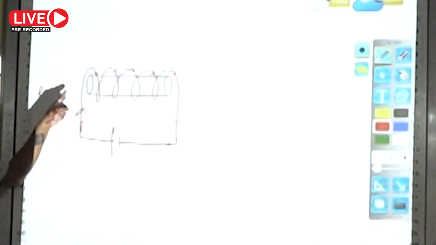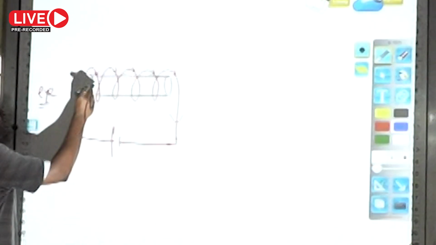Clockwise towards your eye means there is a south pole towards your eye. And if you see from the other side and feel that the current is going anti-clockwise, then near your eye there is a north pole. So here near your eye there is a south pole.